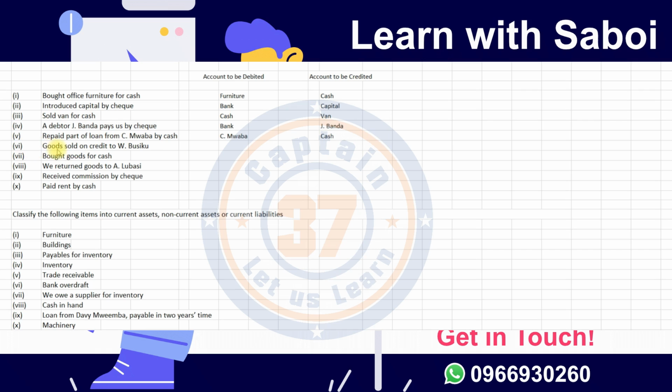Number 6, goods sold on credit to W Vusiku. What's really happening here? We've sold on credit to Vusiku, and here we are going to put sales.